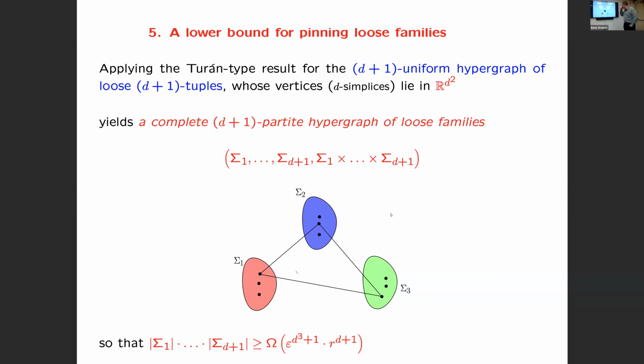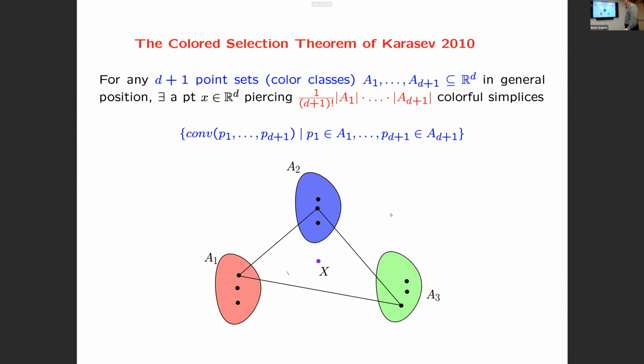We are going to combine it with the result of Karasev, which says that if you have d plus 1 families of points, considered as d plus 1 colors, and we look at all the colorful simplices involving one point of each color, then we are always going to pierce a fixed fraction of these colorful simplices.